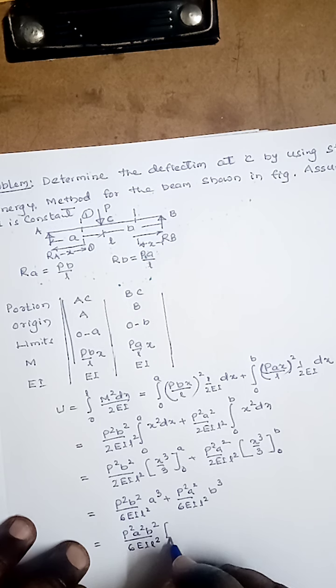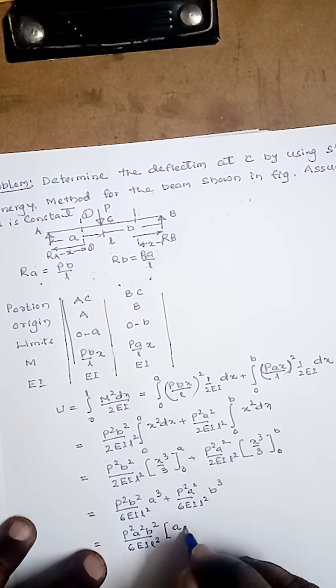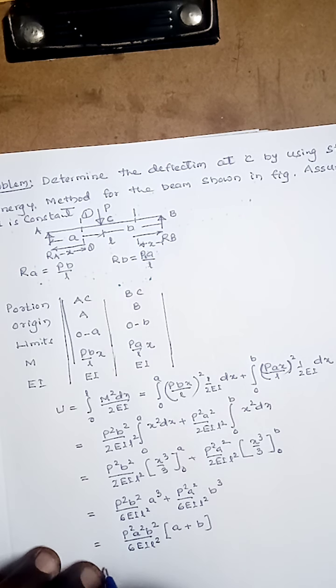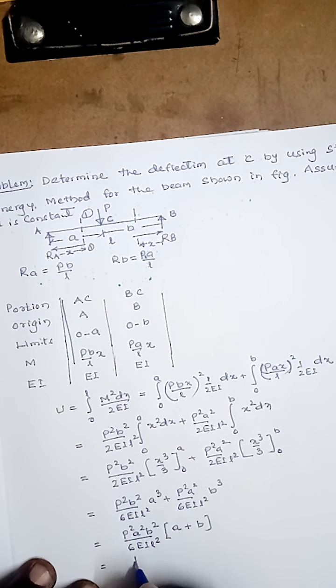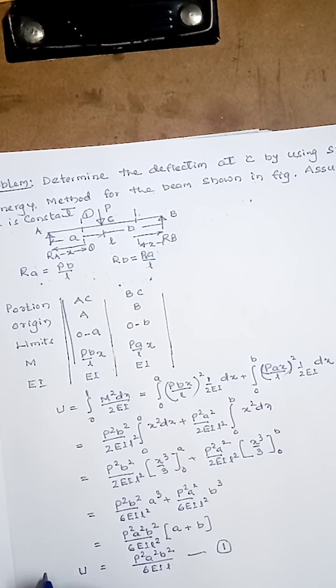In the bracket, in the first term A is the only thing remaining, in the second term B, where A plus B equals L, hence P square A square B square divided by 6EIL. This is the total strain energy stored or internal work done.